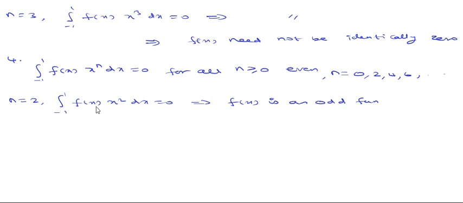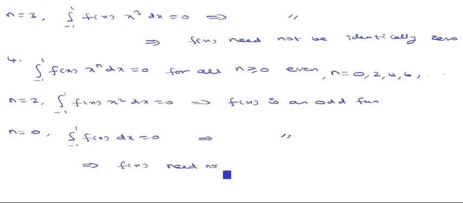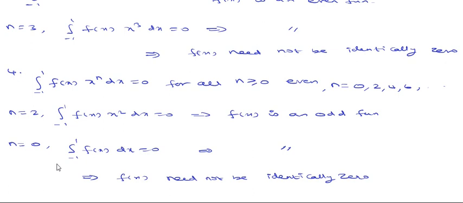Suppose f(x) equals x, then x times x squared is x cubed, an odd function, so this value is 0. And when n is equal to 0, integral of f(x) dx equals 0, so here also f(x) is an odd function. So f(x) need not be identically 0. Therefore option 4 is wrong.